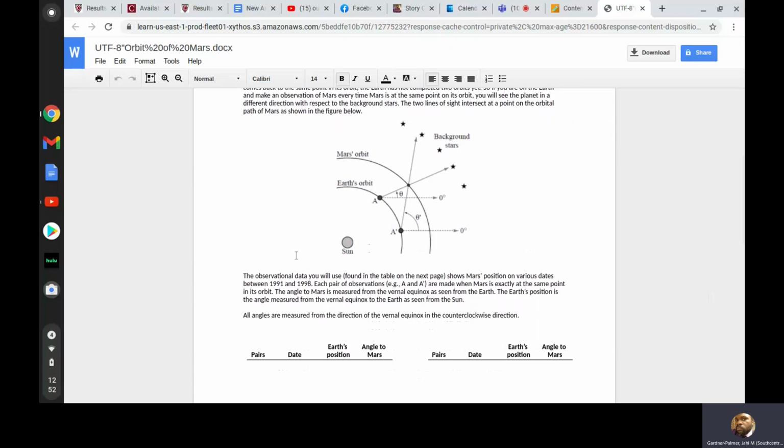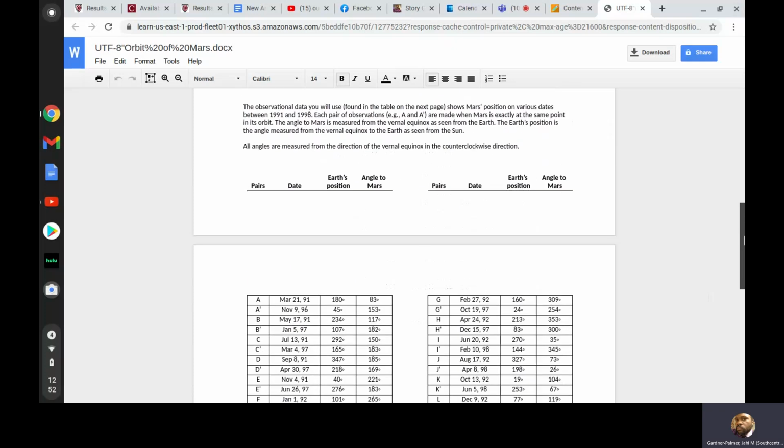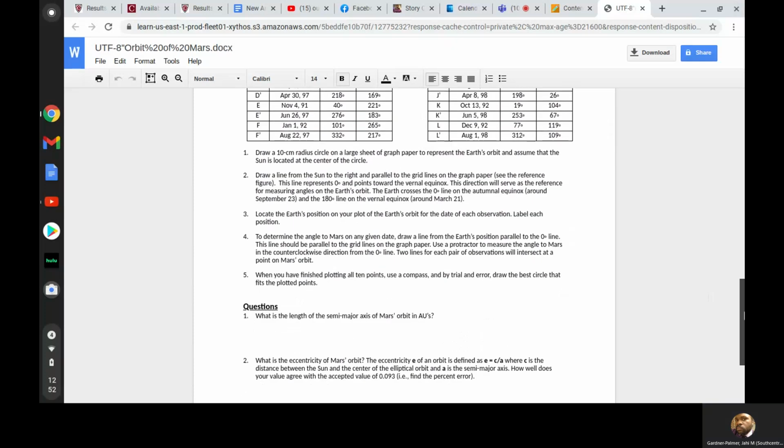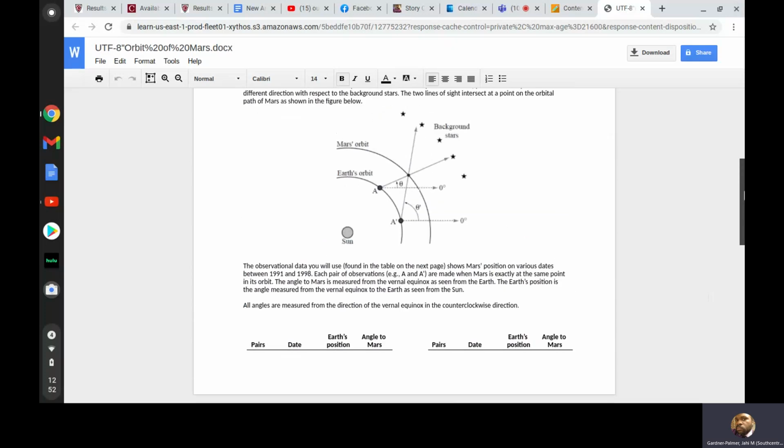Let's just say the diameter is 10 centimeters. The semi-major axis of 10 centimeters is, of course, going to be half of that, 5 centimeters. So now you have a ratio.